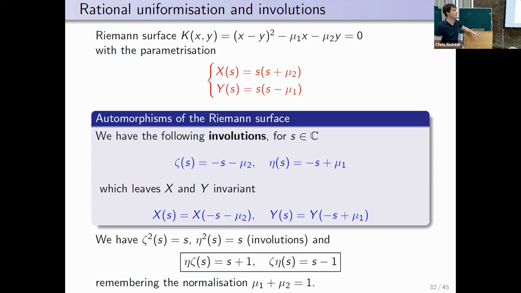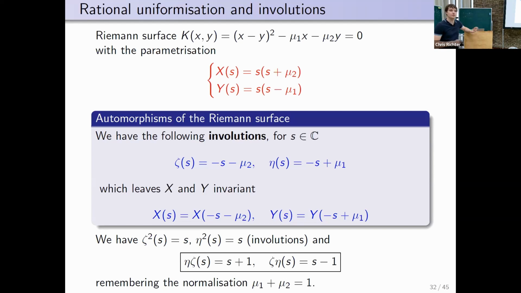Eta and zeta are involutions, which means that zeta squared is equal to identity and eta squared is equal to identity. And if you compose eta and zeta, you get a translation, s plus 1. The 1 comes from the fact that mu1 plus mu2 is equal to 1.